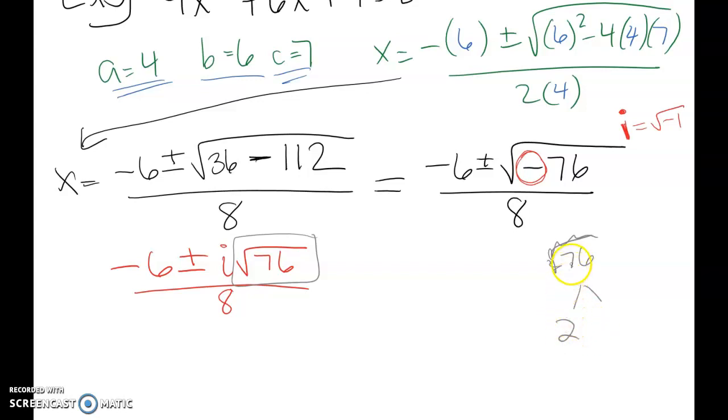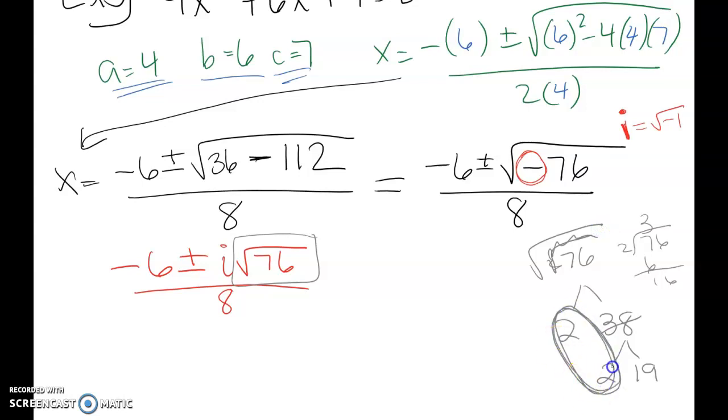And if I do that, 76 divided by 2 is 38. And then 38 is 2 and 19. So when I break that down, now that I know I'm doing the square root, I'm looking for what repeats or what's squared inside of 76. And so the square root of 76 is 2 square root of 19.